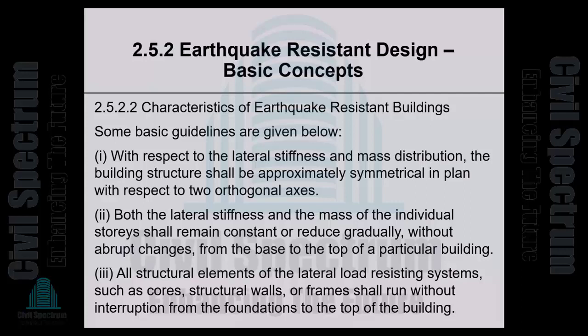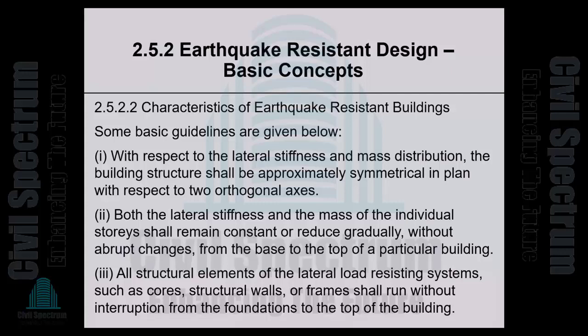The owner and the architect decide, and chances are very high that you will not get a symmetrical building to design. But at the same time, it is very important for the engineer to know what to ask for, what is good, what is not good, so you can have an informed conversation with the architect, maybe get some allowances.